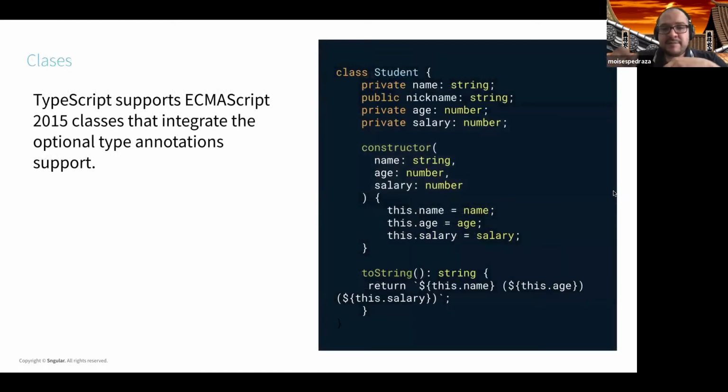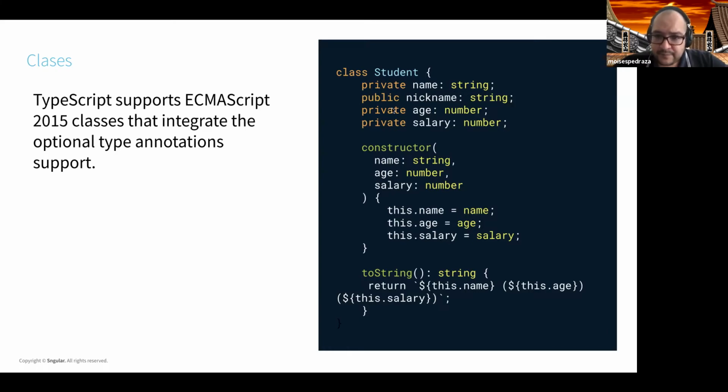TypeScript also supports ECMAScript 2015 classes right out of the bat. So you don't need to use Babel again to start using this if you are trying to support older browsers. TypeScript will handle this for you. And when you are creating a class, you can pretty much add types to everything that you are using there.